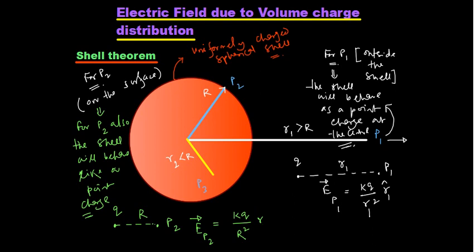That means the radially outward direction, like this. This is the direction of electric field at point P2. Right? What about P3 then?